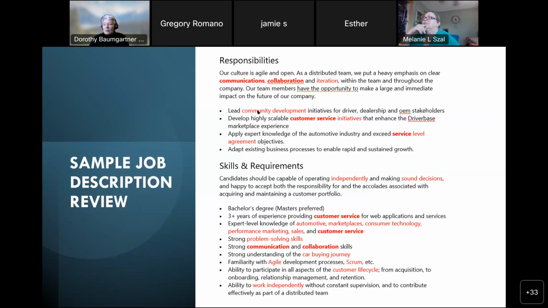All right, so if you look down here, one of my colleagues went through and put the keywords in red. So community development: do you have any experience in community development? Is there a way that you can talk about that based on your experience? What kind of customer service experience do you have? Again, service is here.